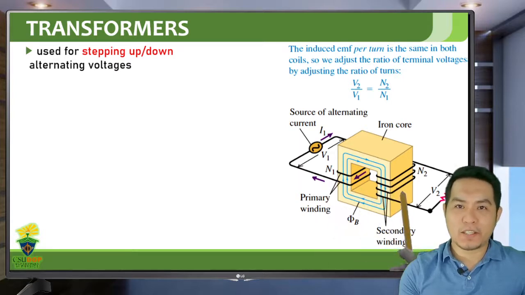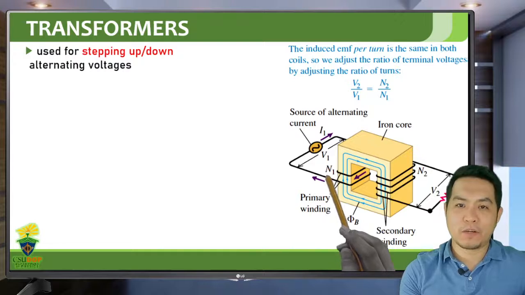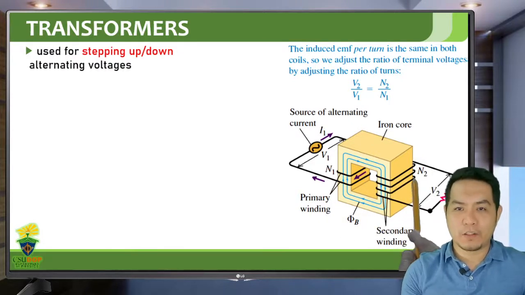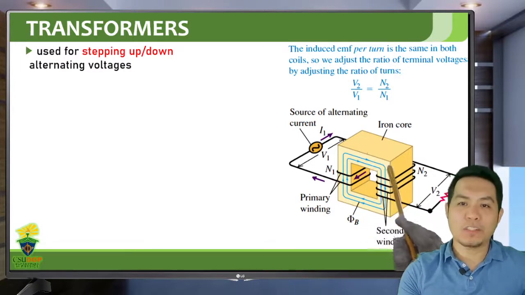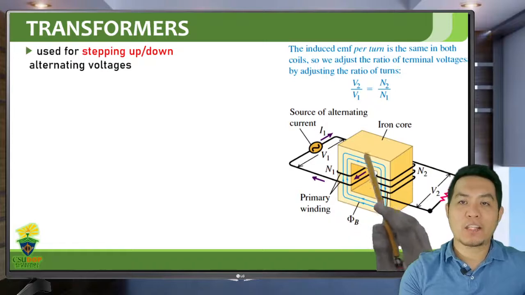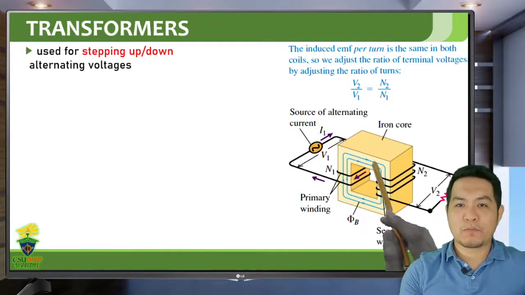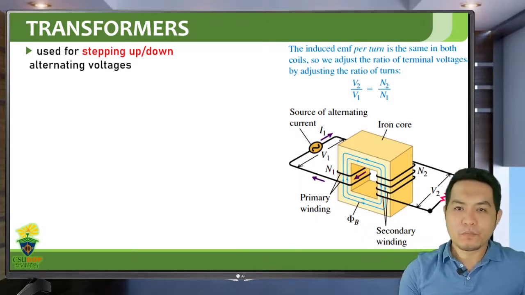These two coils have different numbers of turns. Say the number of turns for the primary is N1, the number of turns for the secondary is N2, and they are wound in a solid iron core, so that the magnetic field will just be confined in the iron core in this manner.